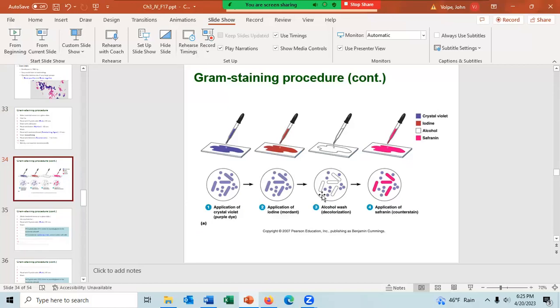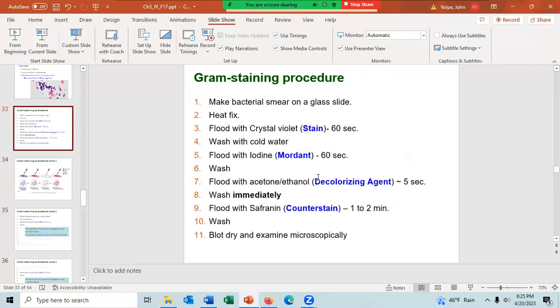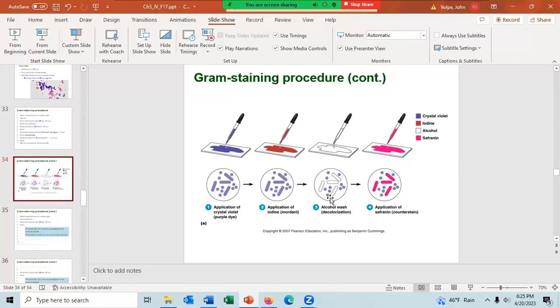Also, if you apply the decolorizing agent for too long, something over 5 seconds, then you will remove the crystal violet iodine complex from the gram-positive cells. Conversely, if you don't apply the decolorizing agent long enough, you will not remove all of the crystal violet from the gram-negative cells. So the decolorizing step is the tricky one. It has to be done for the right amount of time, and you really don't have much time to play with, meaning it has to be within a very narrow range.